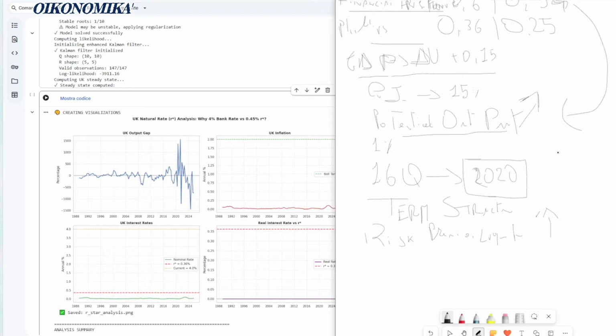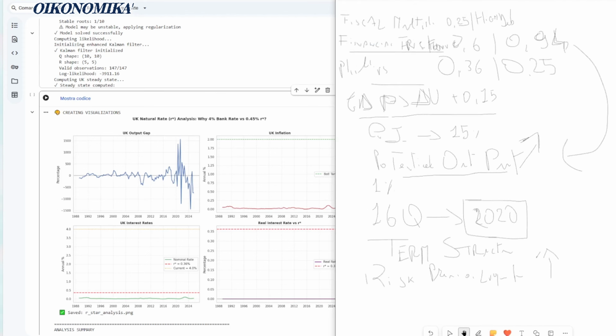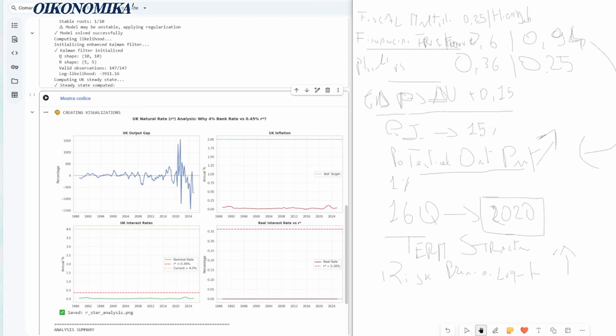I personally, from the modeling that I've been doing, found it was not that high. More or less it was 1.8, 2% perhaps. But now potential output is more like 1.5%. So potential output has become structurally lower. We have lost about a percentage point of potential output.